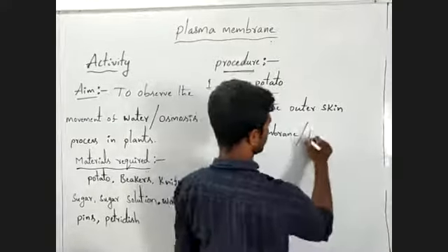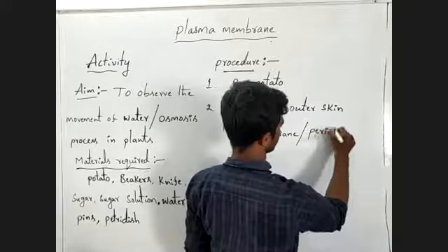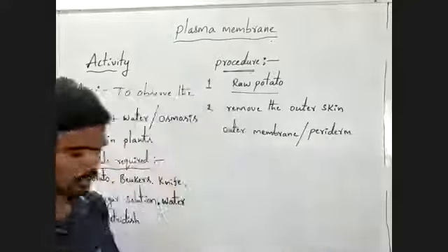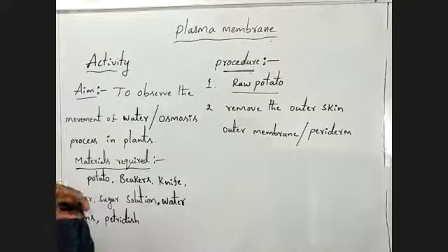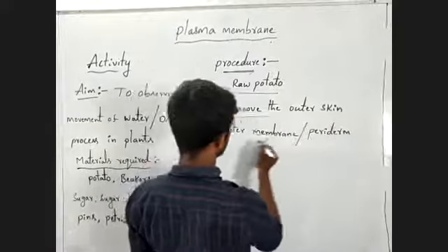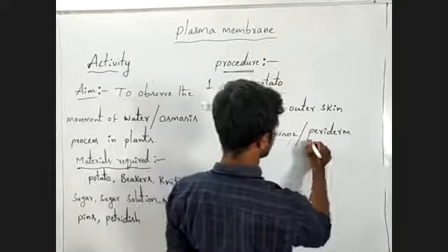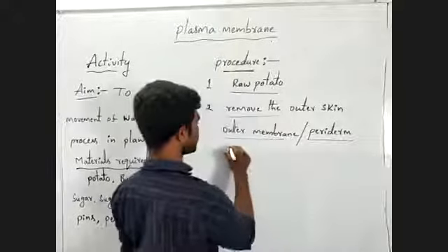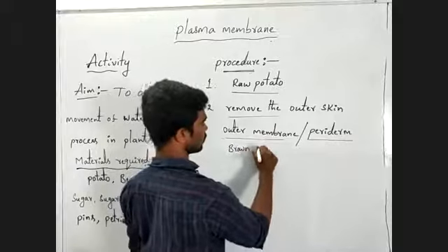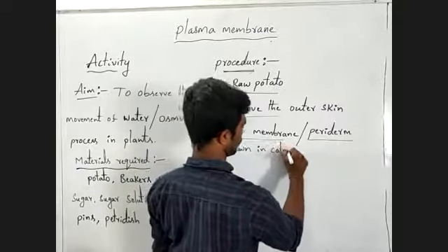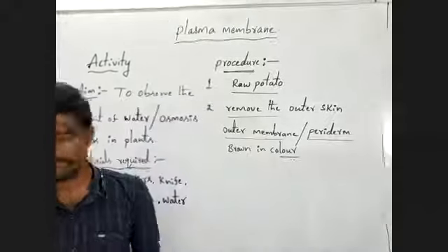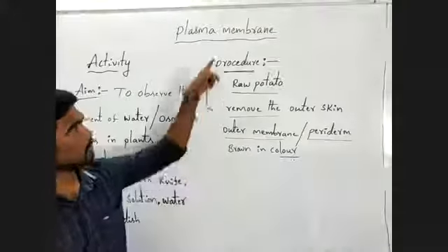It is also called as periderm. Observe carefully. We have to remove the outer skin or outer membrane or periderm. It is actually brown in color. This is the second step in procedure.